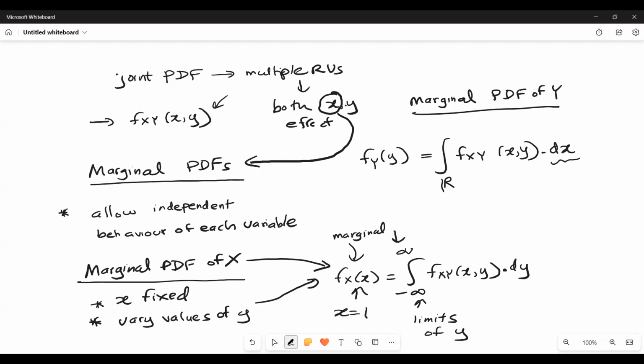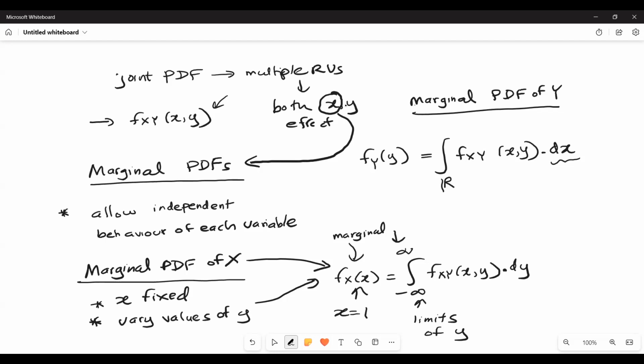We are taking the integration with respect to x only, and we will get the value of the marginal PDF of y at that instance. So this is the marginal PDF values, and similarly we can define marginal CDF values.